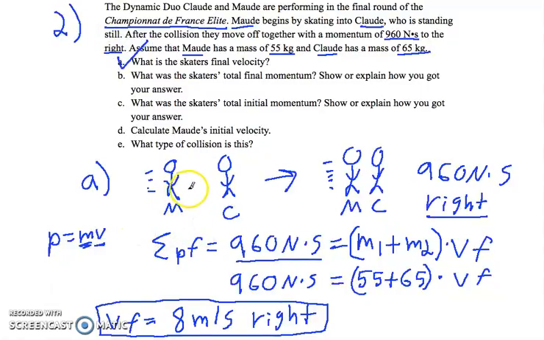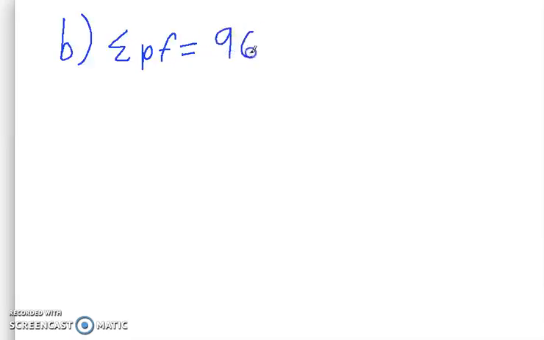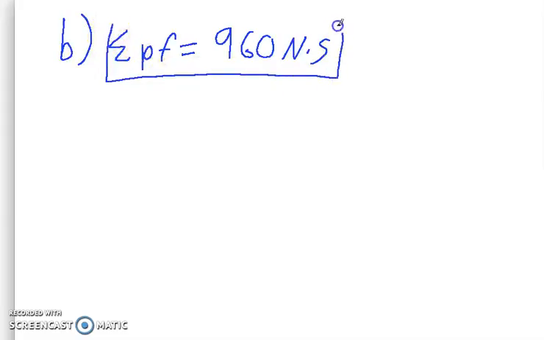The next one is, what is their total final momentum? I'm going to solve that on a clean sheet. Again, the problem really says it: after the collision they move off with 960 Newton seconds. That's really it; there's not much work.